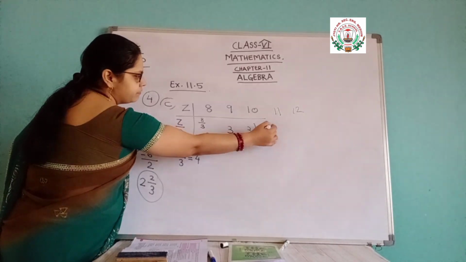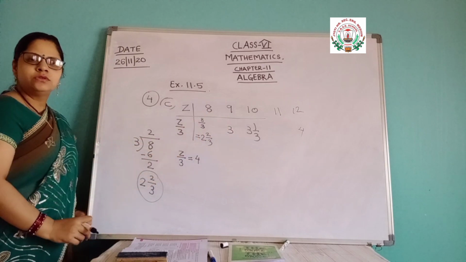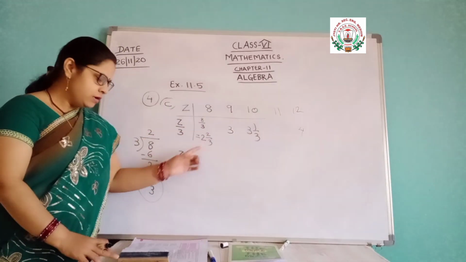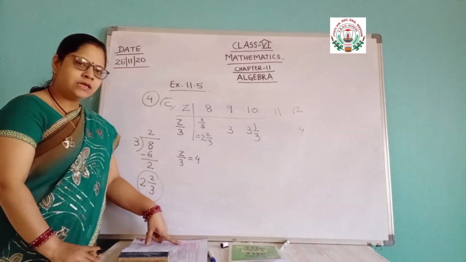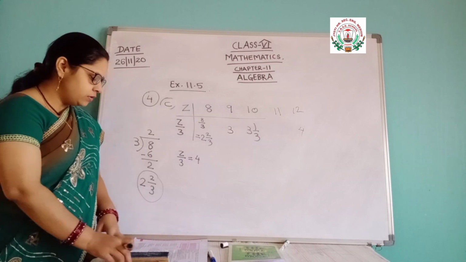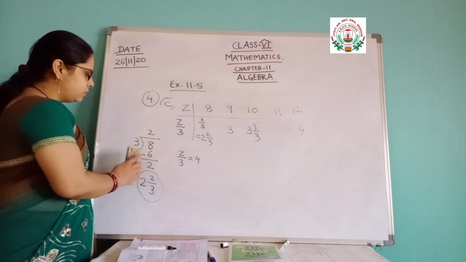Here also you will get some mixed fractions, and here you will get 4. So the solution of the equation will be 12. Likewise you have to solve. And the next one, m minus 7, is a subtraction you have to do. This one I am not going to solve here; you just practice on your own.